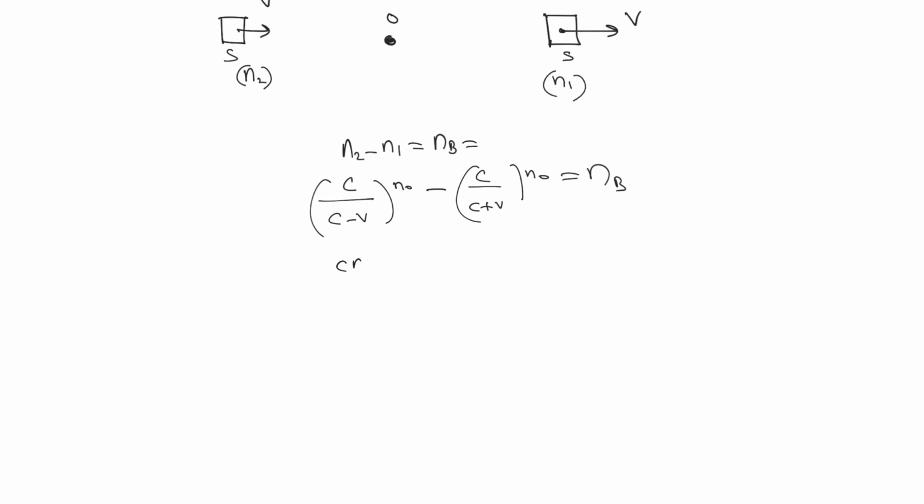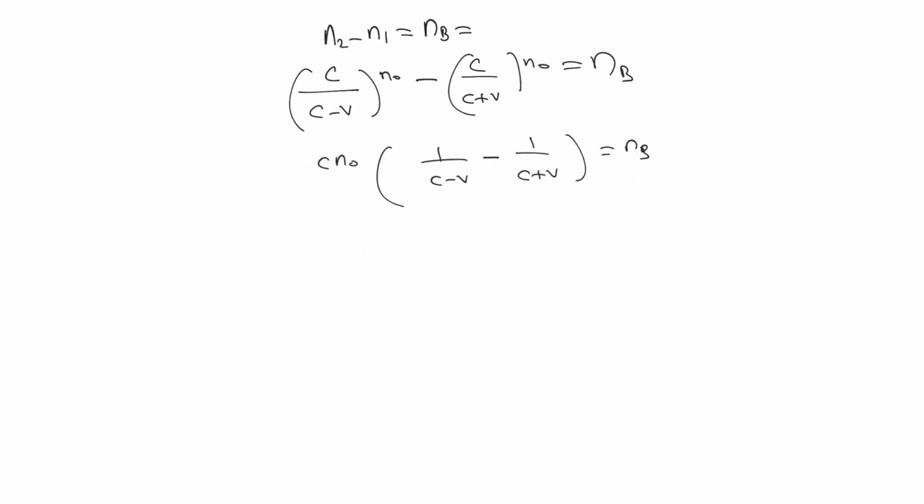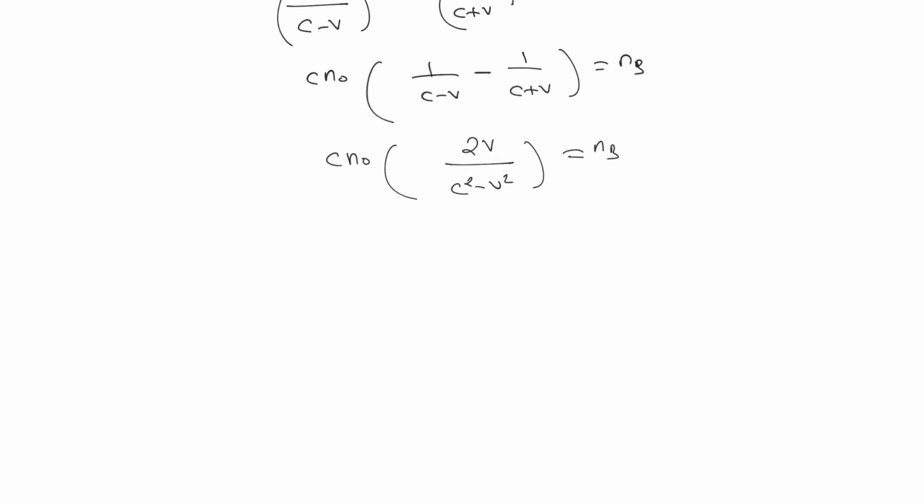So we can write c n naught into 1 divided by c minus v minus 1 divided by c plus v is equal to the beat frequency. So we can write c n naught into c plus v minus c minus v, which is 2v divided by c square minus v square, is equal to nb.